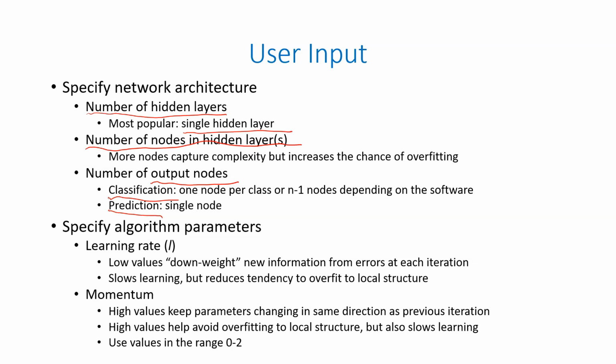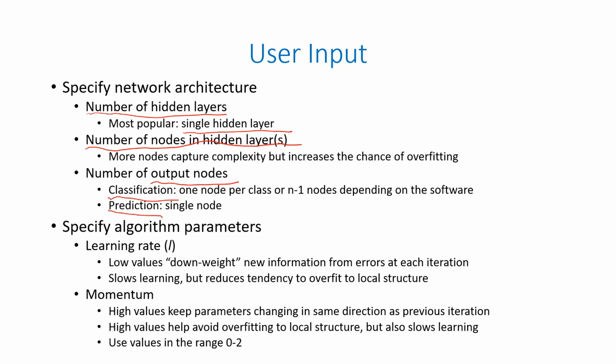For classification problem though, depending on the software you use, you may have the same number of nodes as the number of possible outcome categories, or the number of possible outcome categories minus 1, because the probability values should add up to 1.